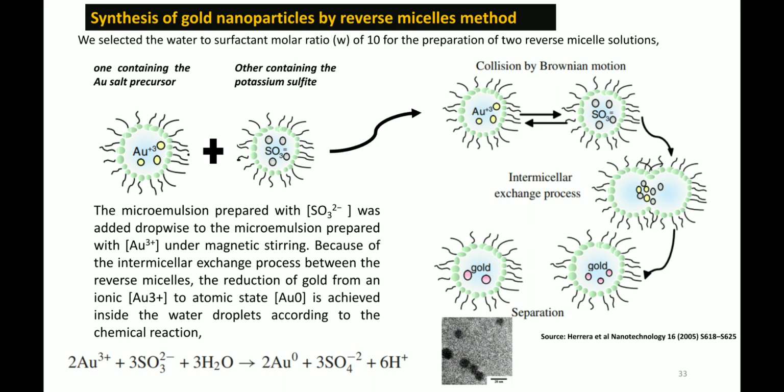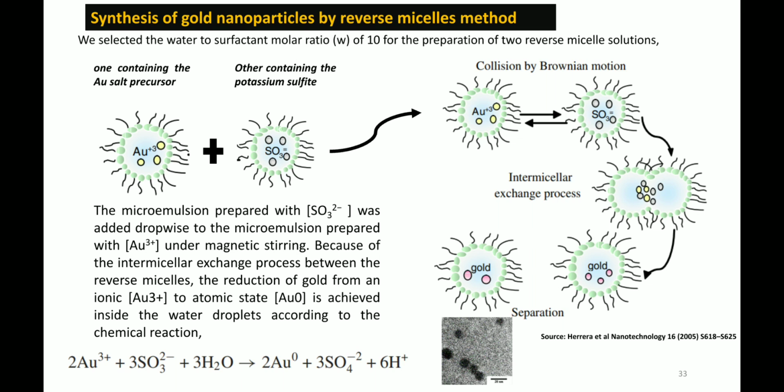So now we have two reverse micellar solutions, one containing the gold salt precursor. You can see in the schematic that inside there are Au3+ ions. And we have another micelle which contains potassium sulfate.